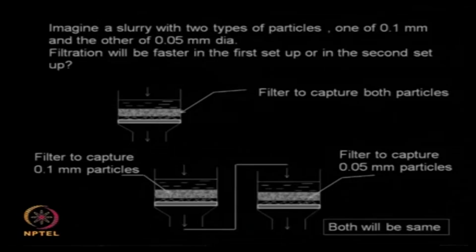You must have heard about equations like Ergun's equation, which measures pressure drop across a packed bed. There particle size plays a very important role. In Darcy's law equation we do not have a specific term for particle size, but in reality particle size comes in various places, so you should keep that point in mind.